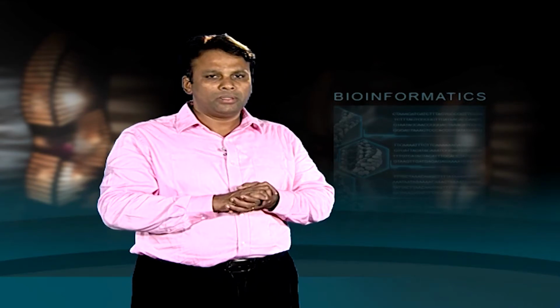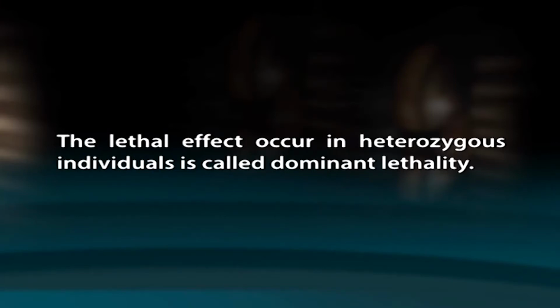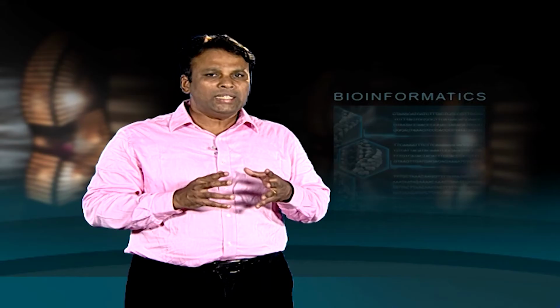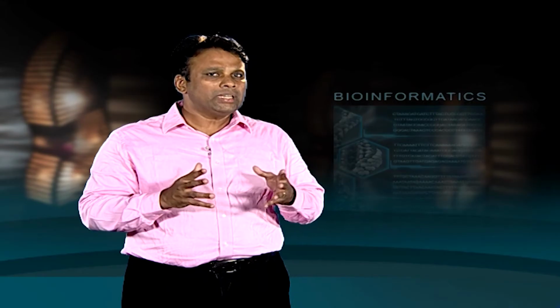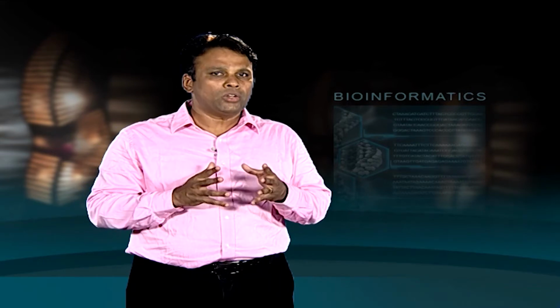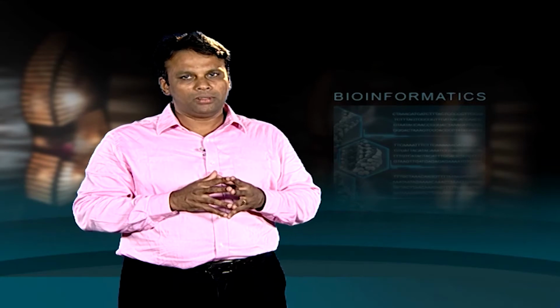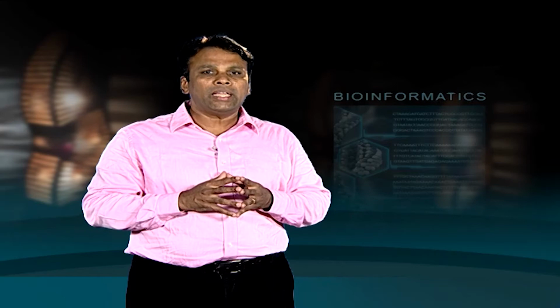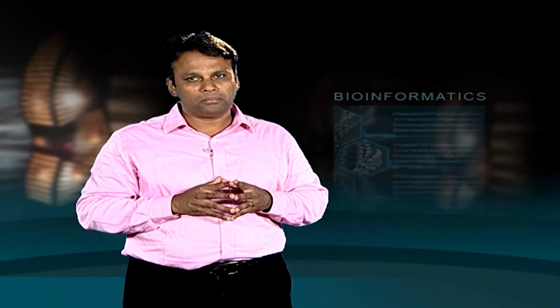The lethal effect occurring in heterozygous individuals is called dominant lethality. Geneticists believed that mutation can alter only the appearance of an organism after Mendel's laws were rediscovered. But it was discovered that a mutant allele can cause the death of an organism.